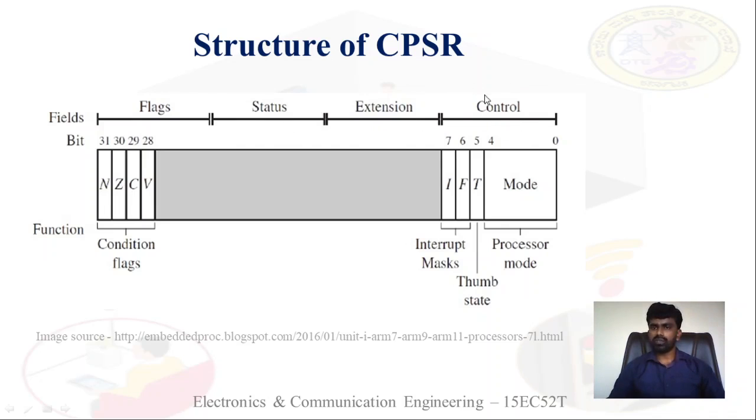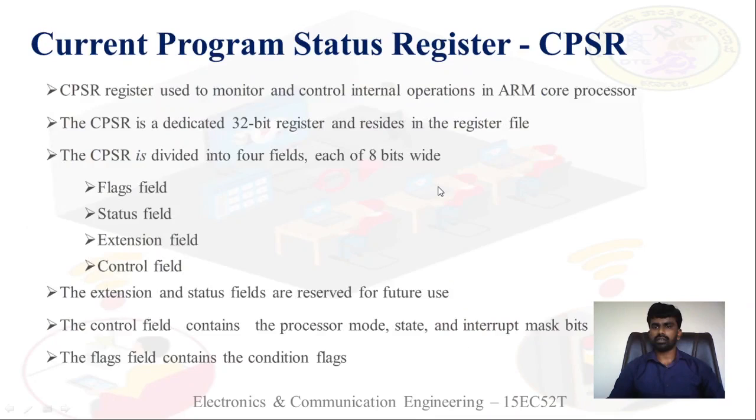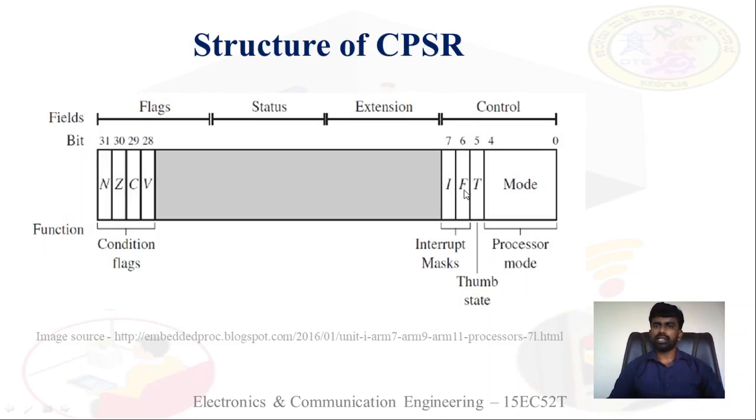This control field contains 2 interrupt mask bits, one is IRQ and the other is FIQ. There is also a bit that indicates the Thumb state, whether it operates in the Thumb state or ARM state.